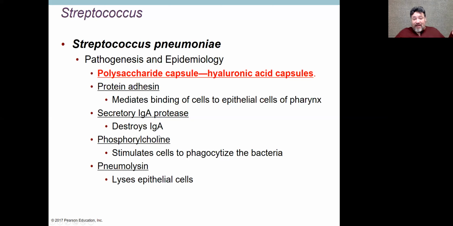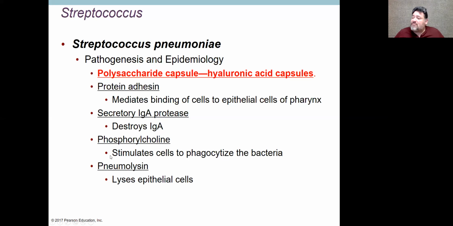So what did it do? It hid from the adaptive immune response. It attached itself with an adhesin. It secreted immunoglobulin A protease so that adhesin will not be detached. Then it released phosphorylcholine so it can be consumed by your epithelia. And then it released pneumolysin to kill the epithelial cell that consumed it.